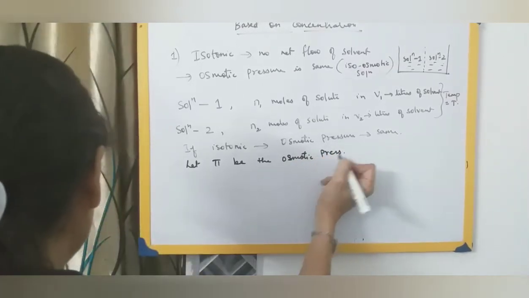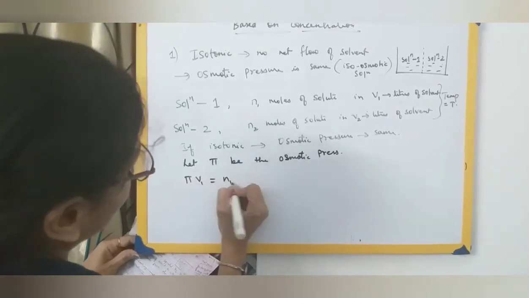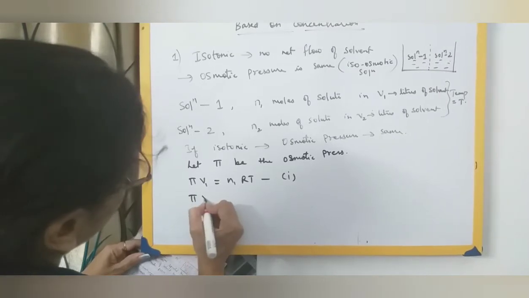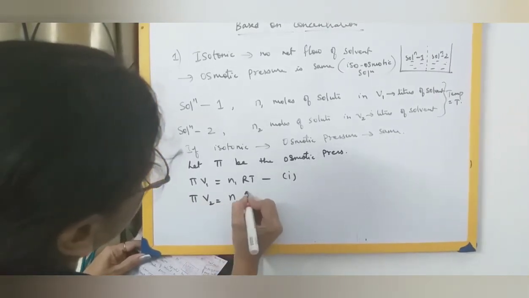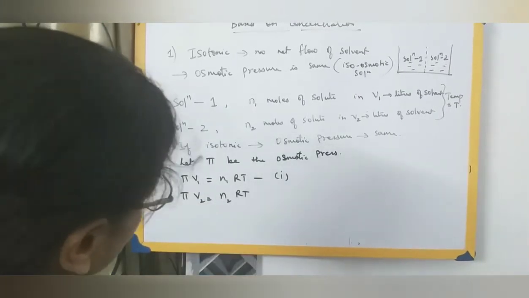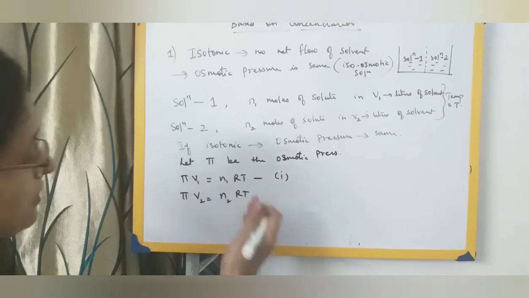So what can we write over here? That is pi V1 is equals to N1 RT. Let this be our equation 1. Similarly, pi V2 is equals to N2 RT. Now look here, pi is constant, that is osmotic pressure is constant, R is a gas constant, T is a temperature, these are all constant.